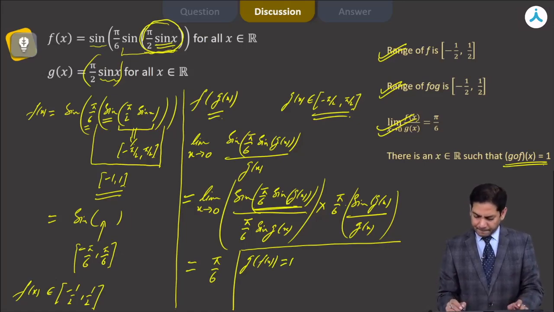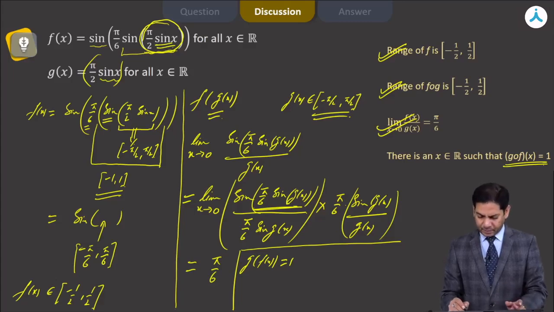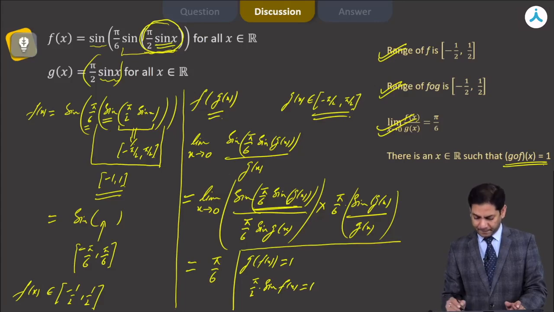Now here the g of x function is pi by 2 sine x. So if we write it this way, then this is pi by 2 sine of f of x on the left hand side equal to 1, and that gives us sine of f of x is equal to 2 by pi.